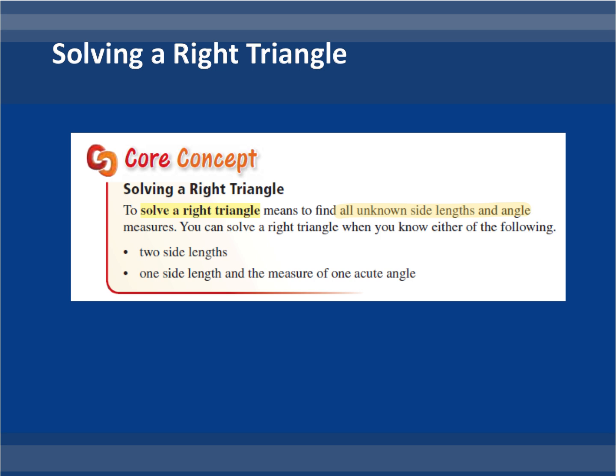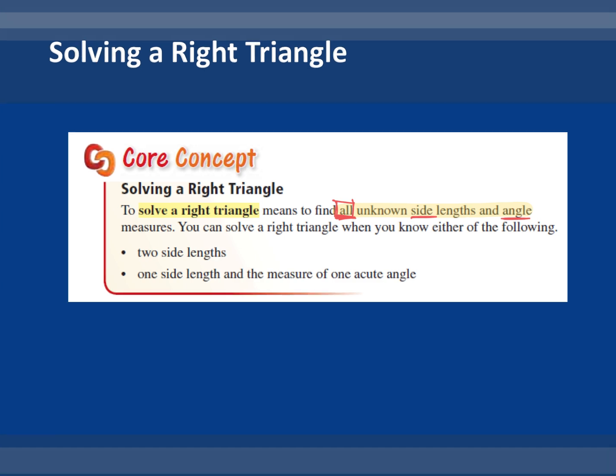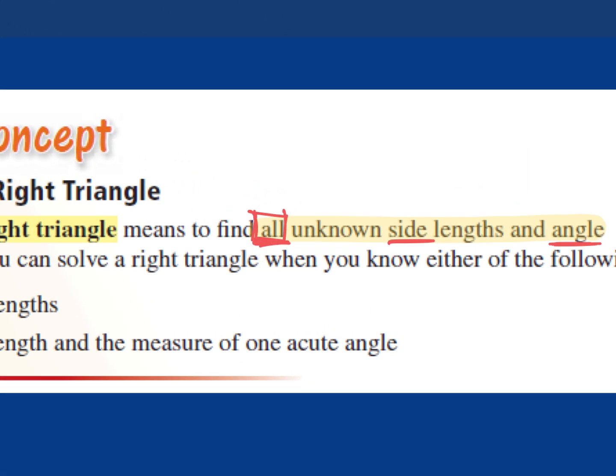Keep in mind, again, it is all of them, all your side lengths and all your angles, not just one, not just two, all of whatever is missing. So please understand that if it says solve a right triangle, you need to find all unknown side lengths and angles. Please remember that because you have to find all of them, not just one.